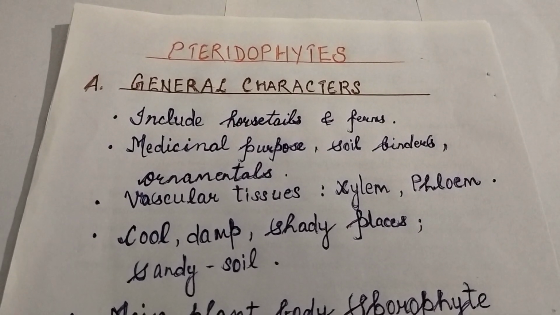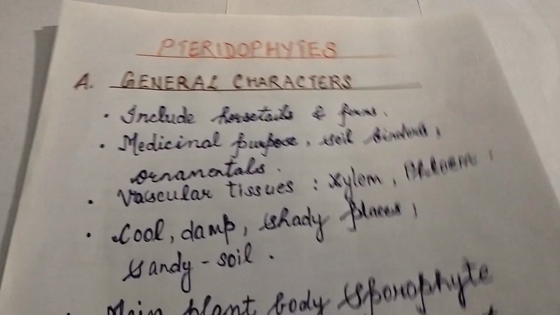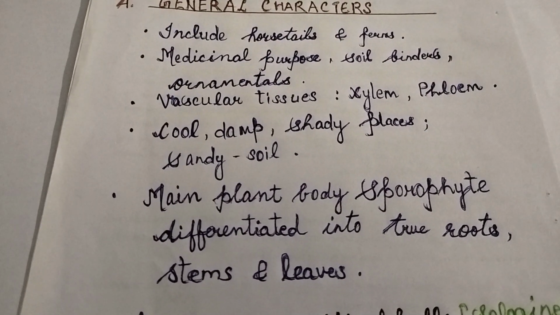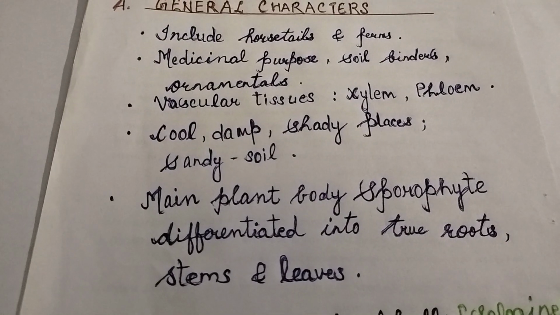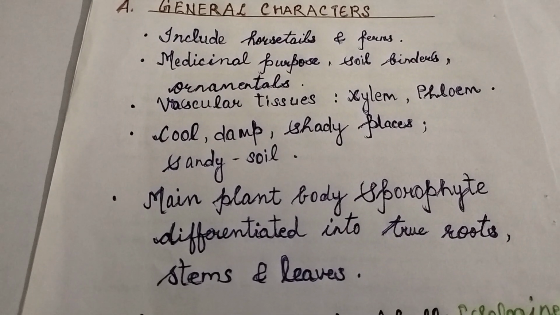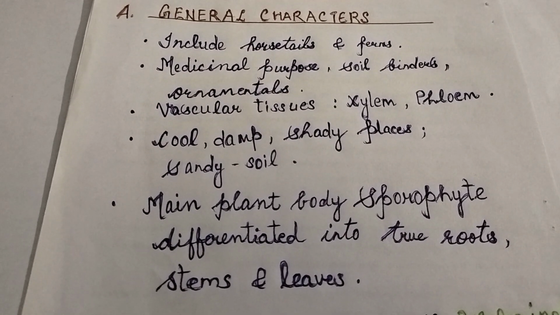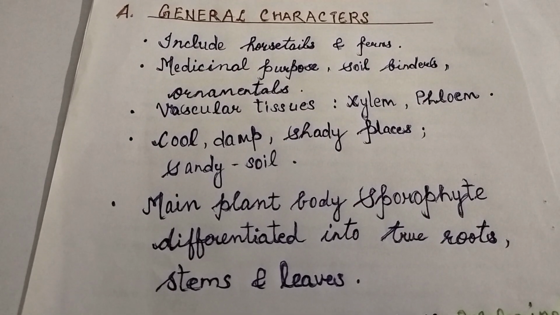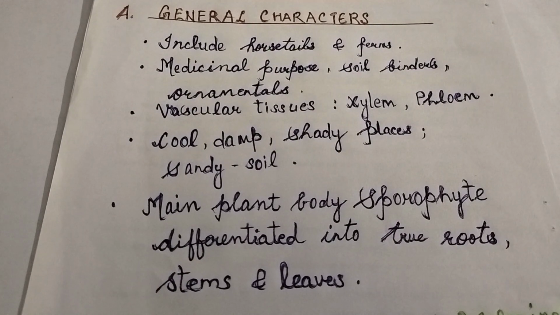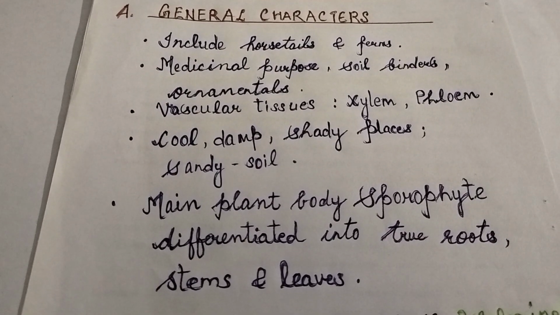Now see here the evolution. The main plant body of pteridophytes is sporophyte. Sporophyte here is the dominant phase of the life cycle. We have studied in bryophytes that the dominant phase of the life cycle is gametophyte.